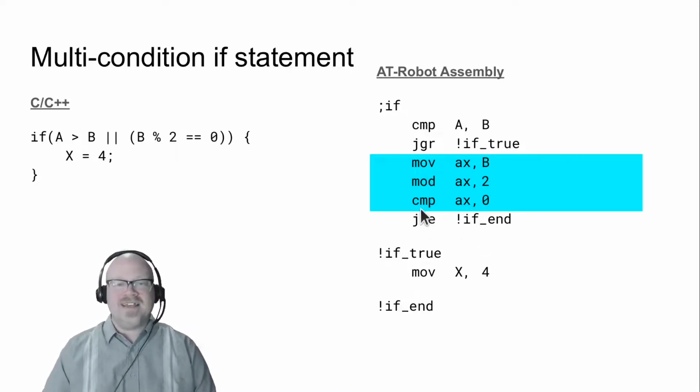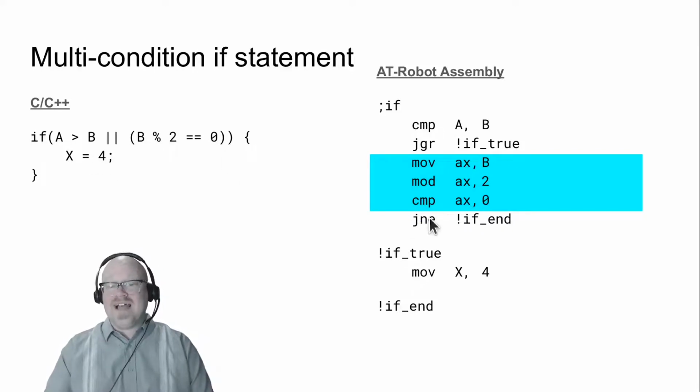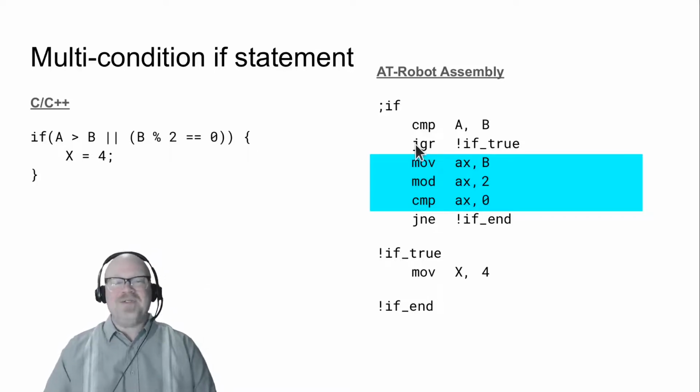And that's because if the second condition fails, meaning the negative case, so negative logic, I need to skip past this code that puts 4 into X. So I have to skip past the true. So in this slick little piece of code, I'm using a positive condition, the same as the original C, in one case, and a negative condition in the other.